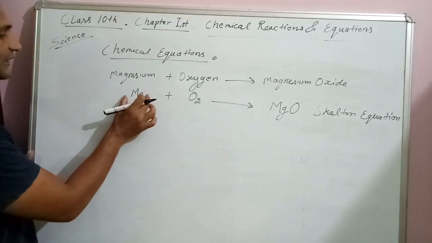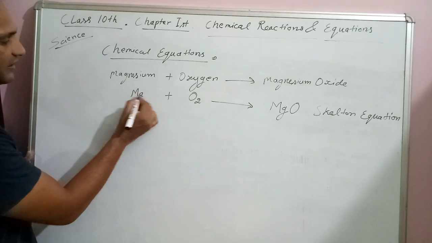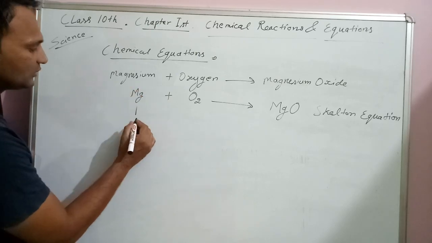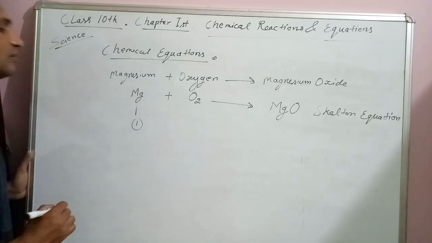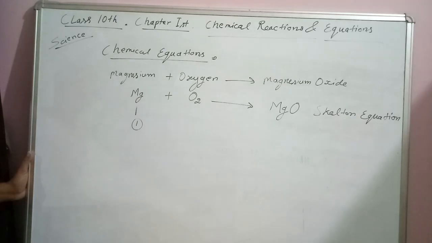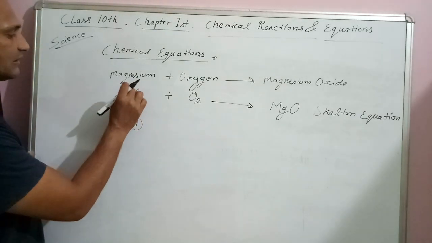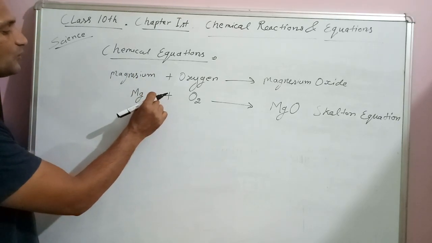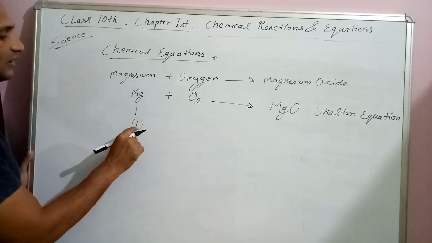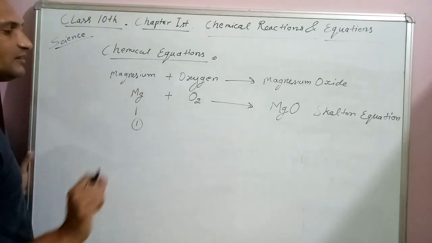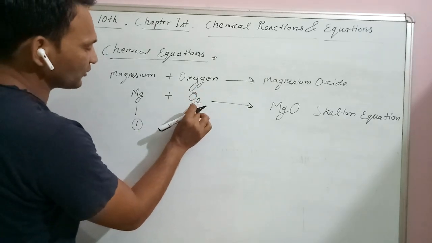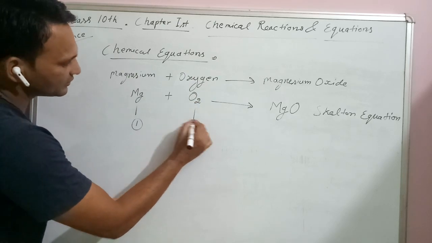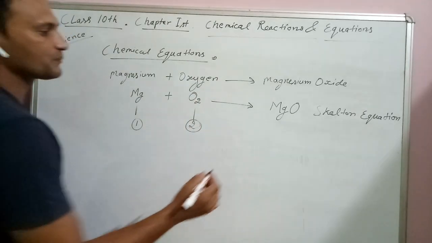There is one atom of magnesium, since nothing is written before or after the symbol, which means only a single atom of that element is present. In the case of oxygen, there is nothing in front of it, but after it there is a 2, which means two oxygen atoms are there.